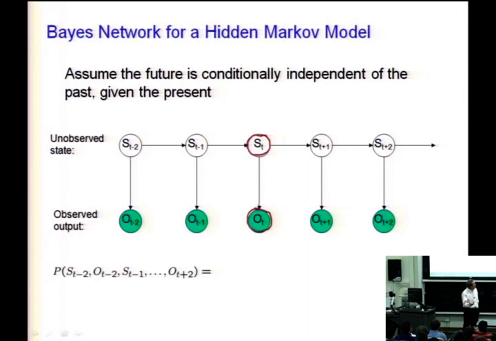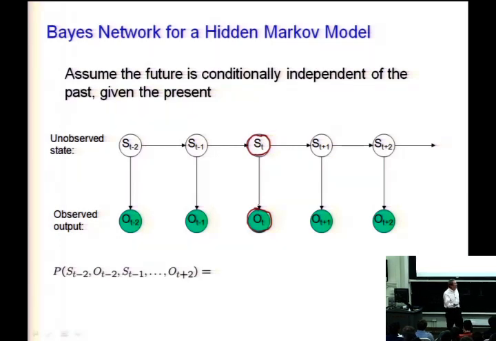Everything is a non-descendant, and it has only one immediate parent. So this is saying the microphone signal that we observe, OT, depends only on the current state of the system, the current word being spoken, independent of the sequence of words that came before or the words that are coming in the future.